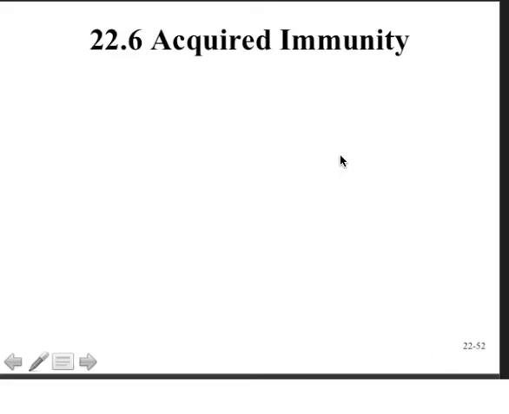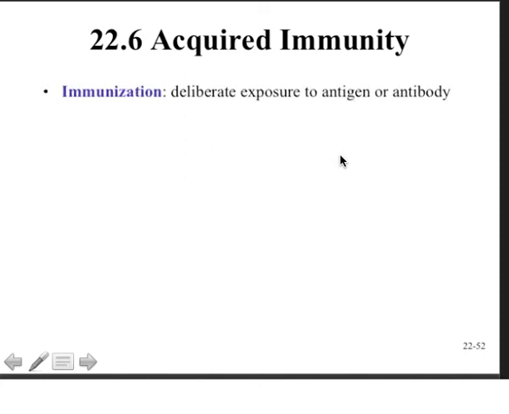Okay, acquired immunity is essentially the result of exposure to antigen. We can acquire immunity as a result of our activities of daily living, or we can have deliberate exposure to an antigen via phenomena such as vaccination.